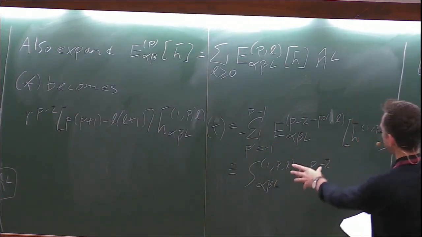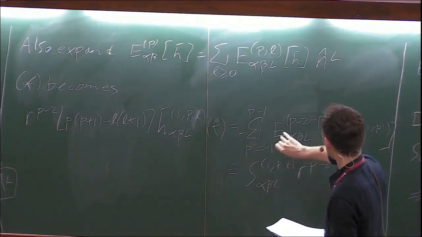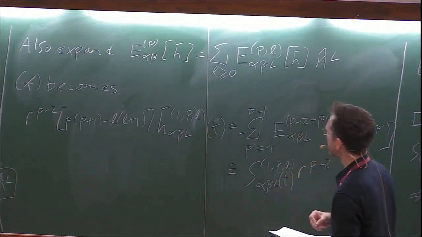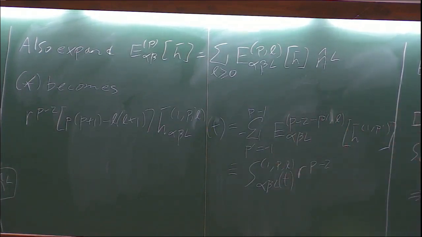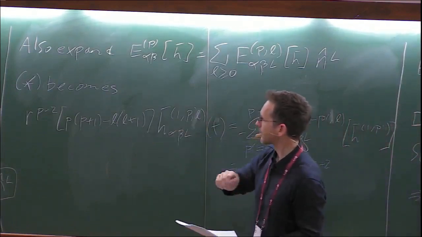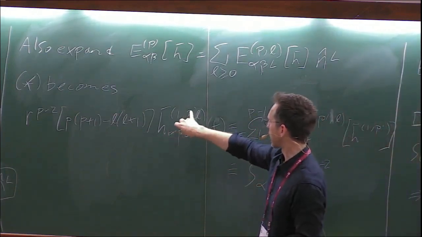So the overall factor here is always r to the p minus 2, once you handle the derivatives that come into here, just like it's r to the p minus 2 on the left-hand side. So now this term cancels that term, and you just have a solution for this coefficient h bar 1 p L.